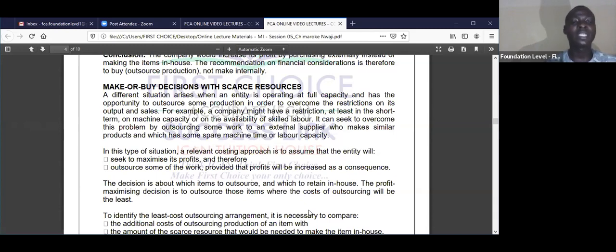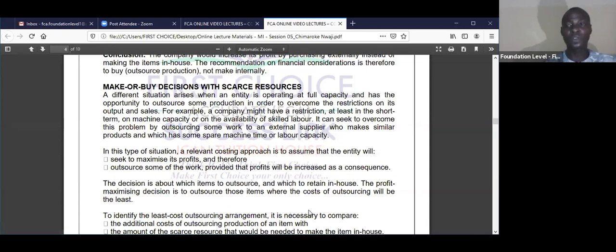So in this type of situation, a relevant costing approach is to assume that the entity will seek to maximize its profits and therefore outsource some of the work, provided that profit will be increased as a consequence.